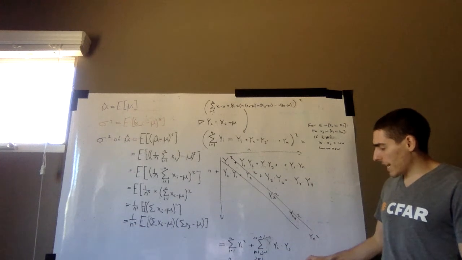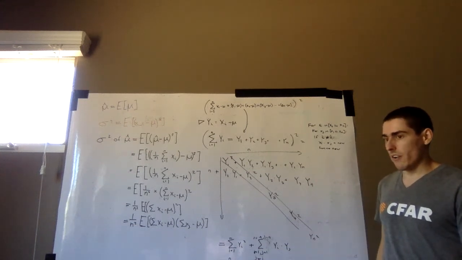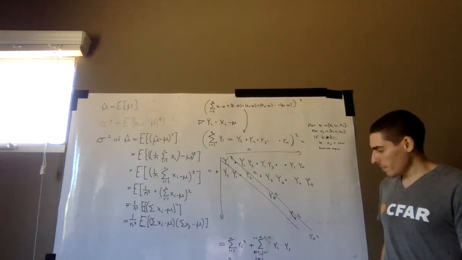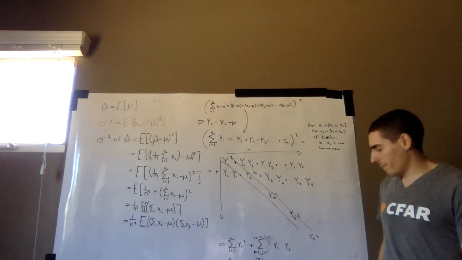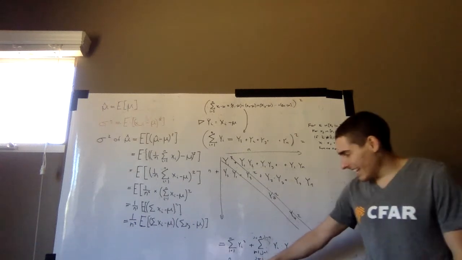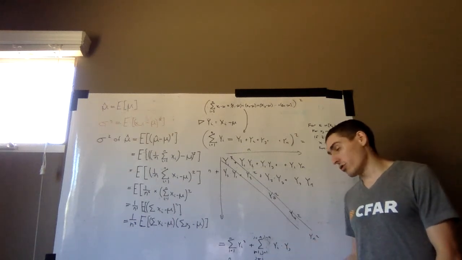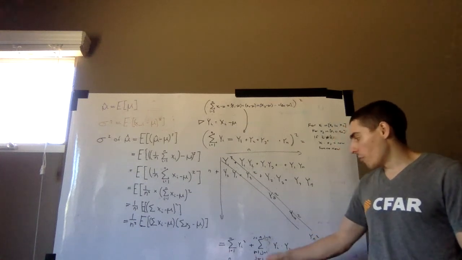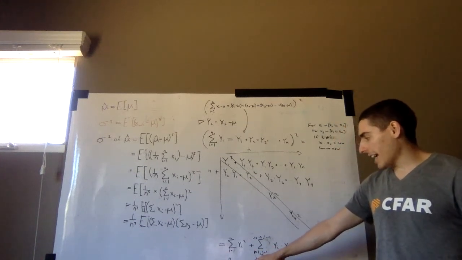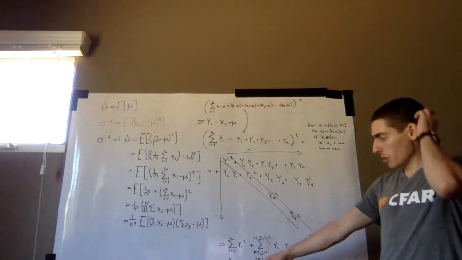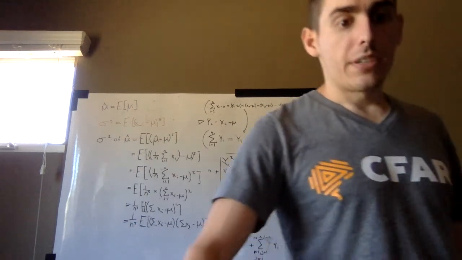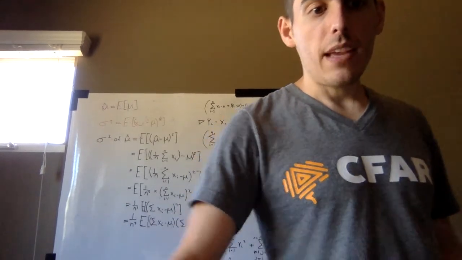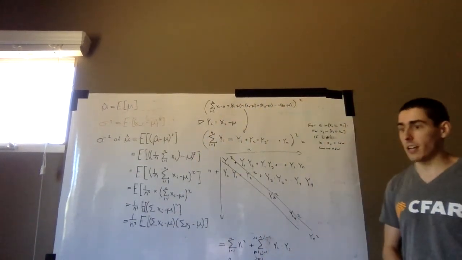So on expectation, xi minus mu is equal to 0. However, that is not the case for xi minus mu squared, because if xi is not exactly mu, regardless of whether it is positive or negative, the squared version is going to be positive.